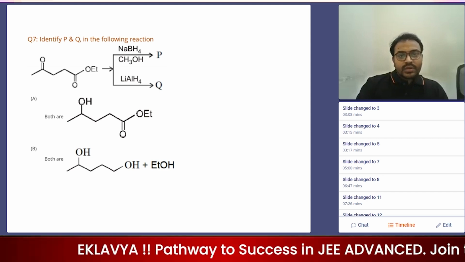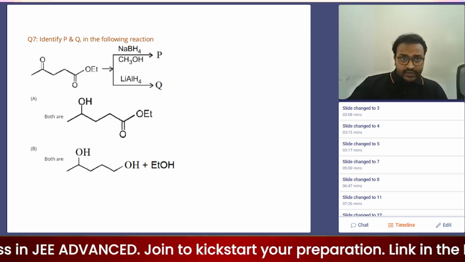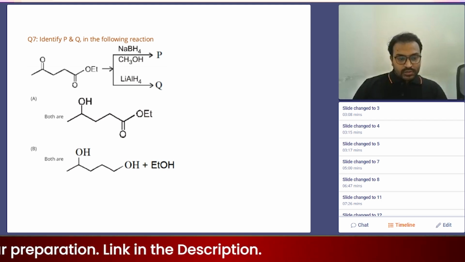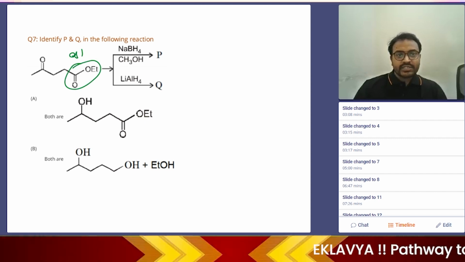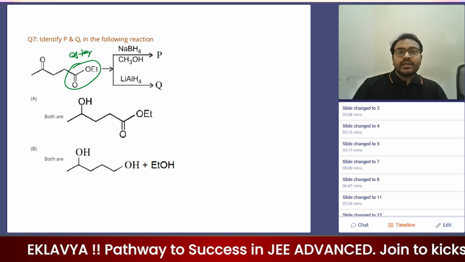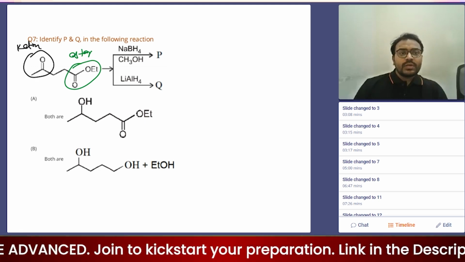Right. Now the next question is, identify P and Q in the following reaction. There is a reaction given, there is a substrate given, and see in the substrate there is an ester group present. This is the ester group, and this is a ketone group, right?